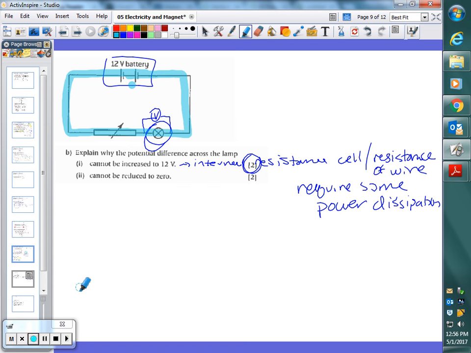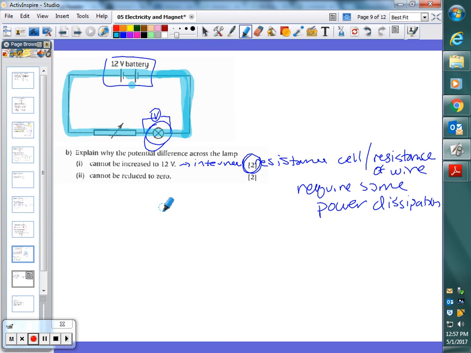It has some kind of resistance, and as a result, somewhere along the way we are going to lose some of that potential energy just by making the charges go through the circuit, so we're never going to get everything out at the lamp that we put into it at the battery. Okay, is that good?